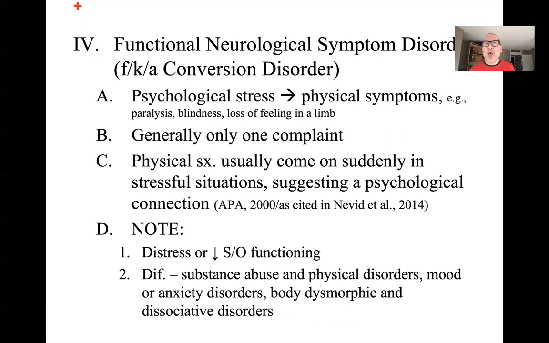Like they said they were blind, they couldn't see, that they saw blackness, but there was no evidence or sign of damage to the eye or any other kind of neurological pathology to explain the blindness, though they said that they were blind. That was a way to convert anxiety.